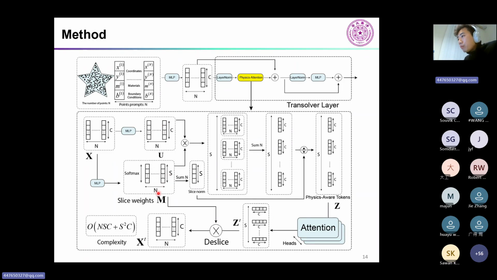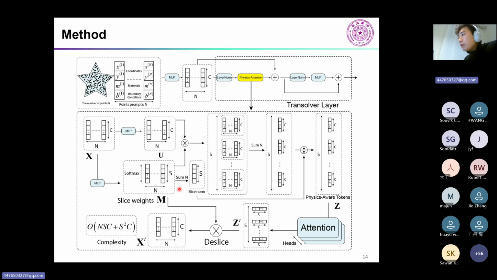Then we process the slice weight matrix, and we sum along the point number. We get a slice norm. This is a vector whose dimension is S. Then we process the first matrix, C by n. We multiply this U and this slice weight together.